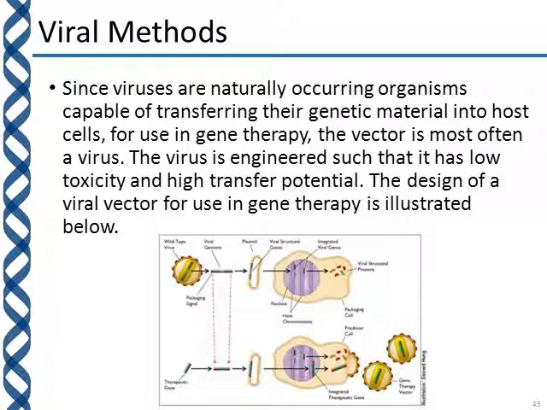This is how this normally occurs, but for a therapeutic gene, instead of the viral genome, this therapeutic gene is now inserted into the viral plasmid. This is now an integrated therapeutic gene, and this is made into the budded virus vectors.